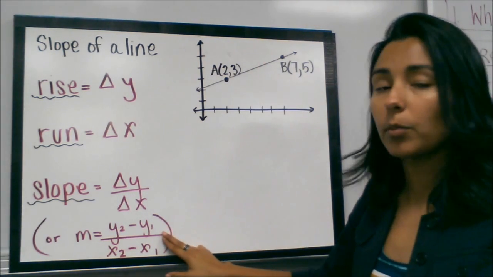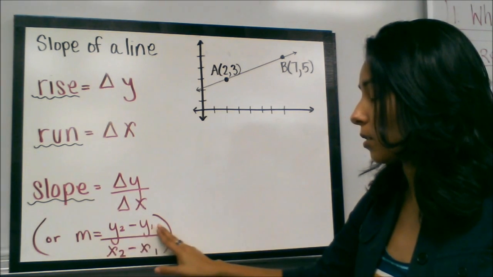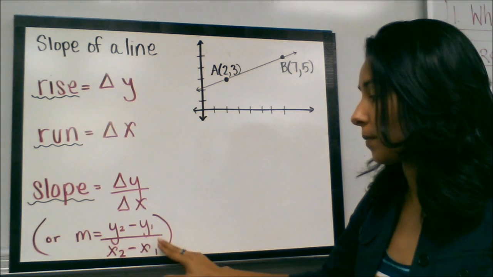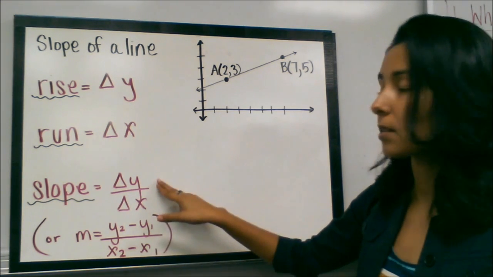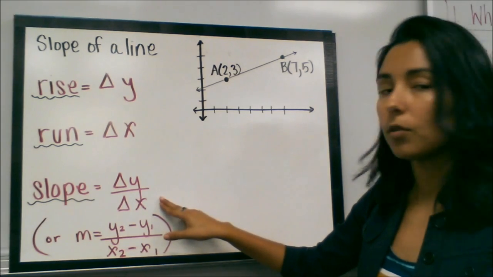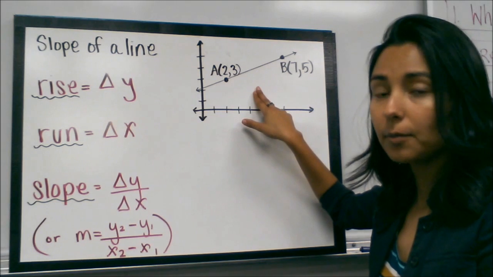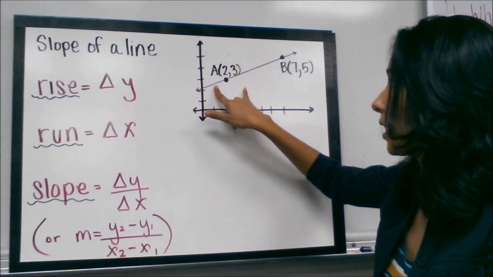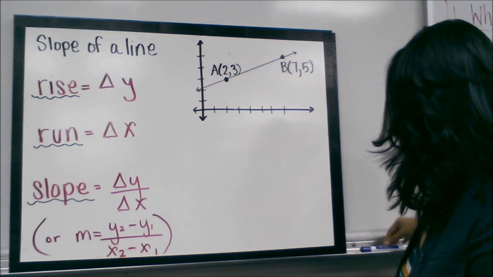And you should remember the slope formula, which is m equals y sub 2 minus y sub 1 over x sub 2 minus x sub 1, and this is the same as this, the change in y over the change in x. Over here we've got a problem that I want you to work out. We have your a value and your b value for this point, (2, 3) and (7, 5).